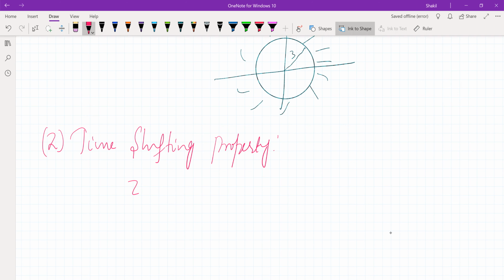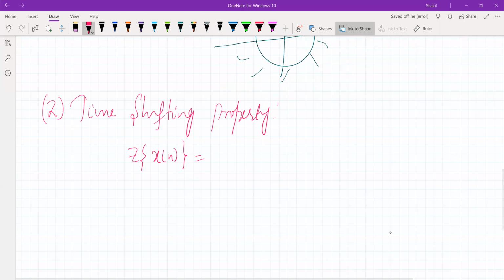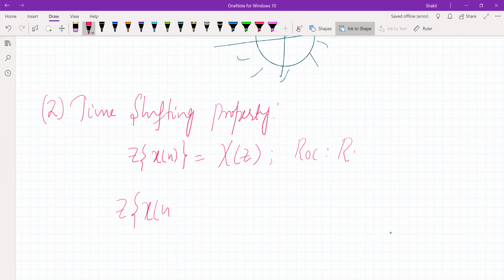This property says if Z transform of x of n is X of z, and let's suppose the ROC is R, any region on this Z plane, then the Z transform of, remember this is the most important property for us in this course, x of n minus k will be simply Z raised to power minus k X of z.